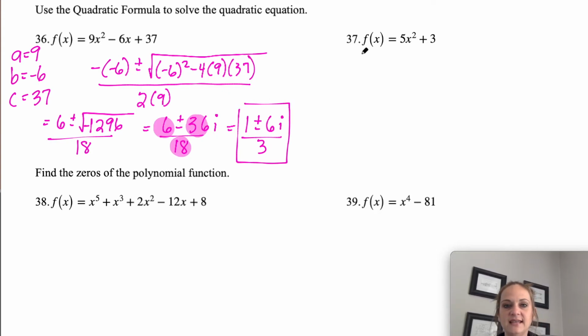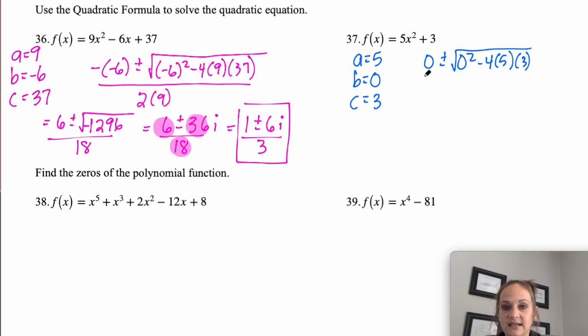Okay, in this case, a is 5, b is 0 because there is no number in the middle, and c is 3. So we'll get negative b plus or minus the square root of b squared minus 4ac all over 2a. So 0 just goes away. So we're left with 4 times 5 is 20 times 3 is a negative 60 all over 10.